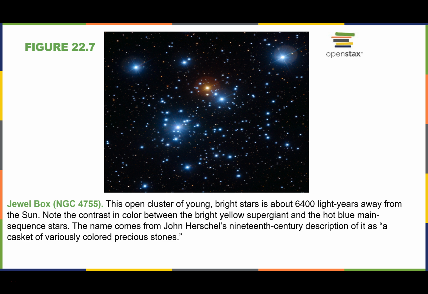Again, you can kind of see stars at different stages of their lives here. So based upon this, if we assume that the red there is because it's a red giant, do you think that is a higher mass star or a lower mass star than the blue ones? How many people think it's a higher mass star than the blue ones? I do too. Why do you think it's a higher mass star?